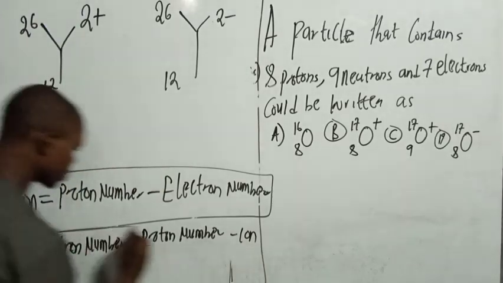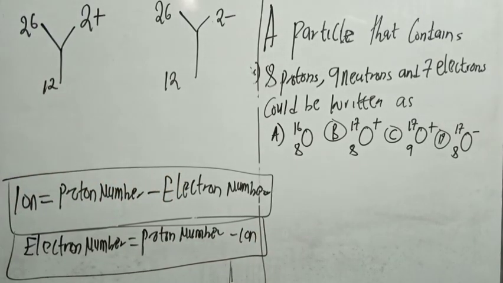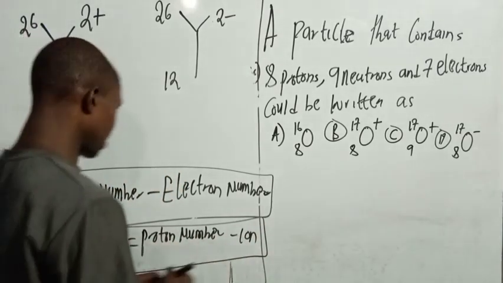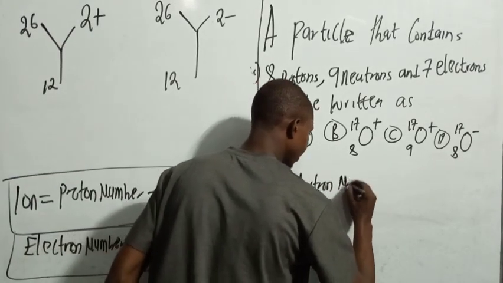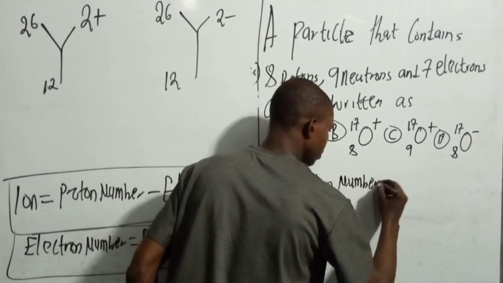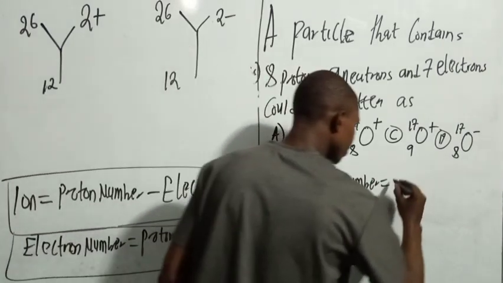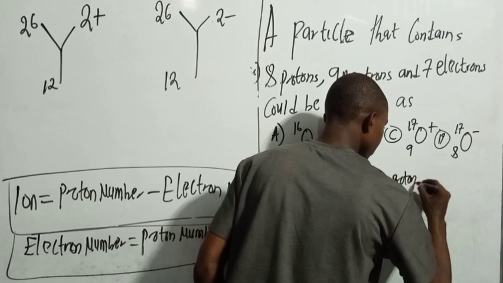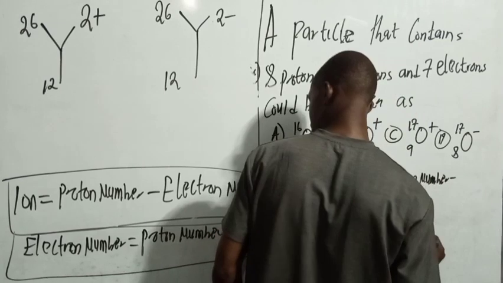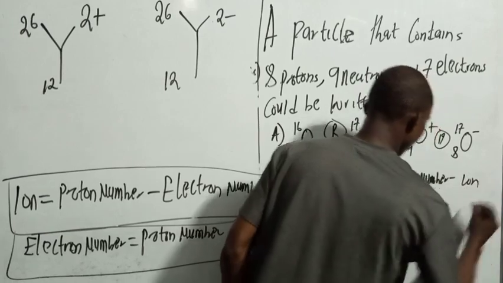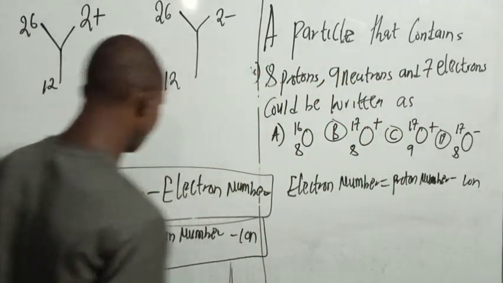Do you get? You want to take this down. Electron number is equal to proton number minus ion. We really want to make use of this one here.